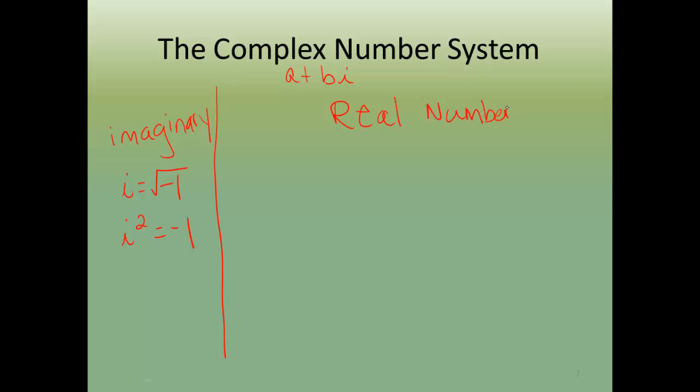And this is exactly the same thing that we did in Unit 1. And the real numbers can be divided into two pieces. The irrational numbers, like pi or the square root of 2, and then the rational numbers.